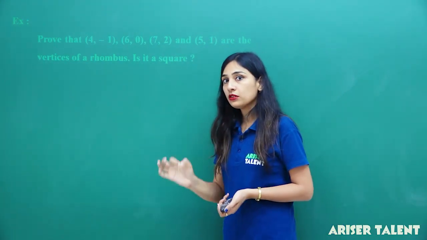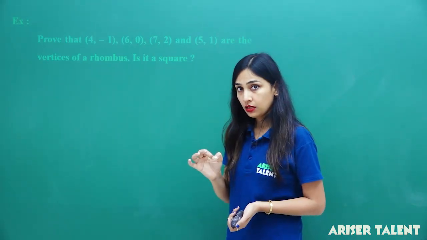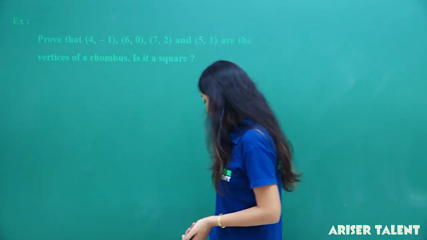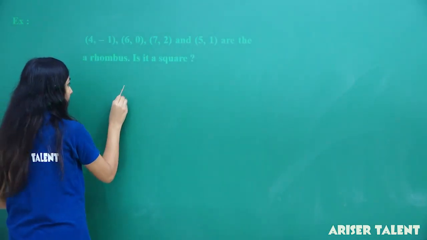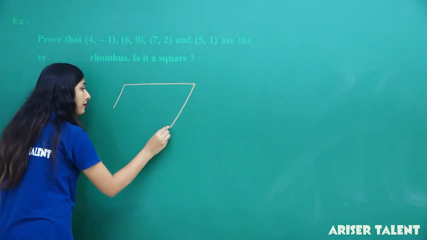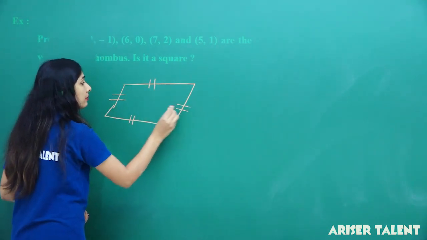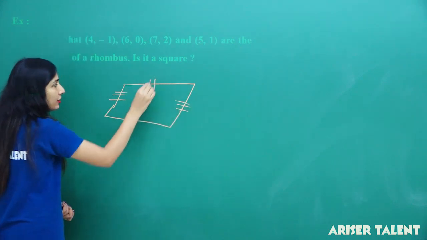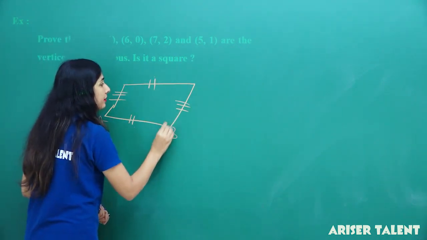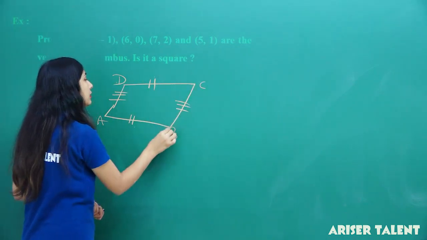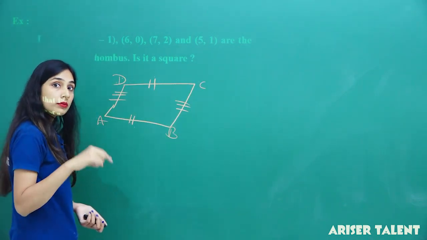To be a rhombus, it has to be a parallelogram first. So if I talk about the parallelogram ABCD, these sides should be equal: AB equals CD and CB equals AD.